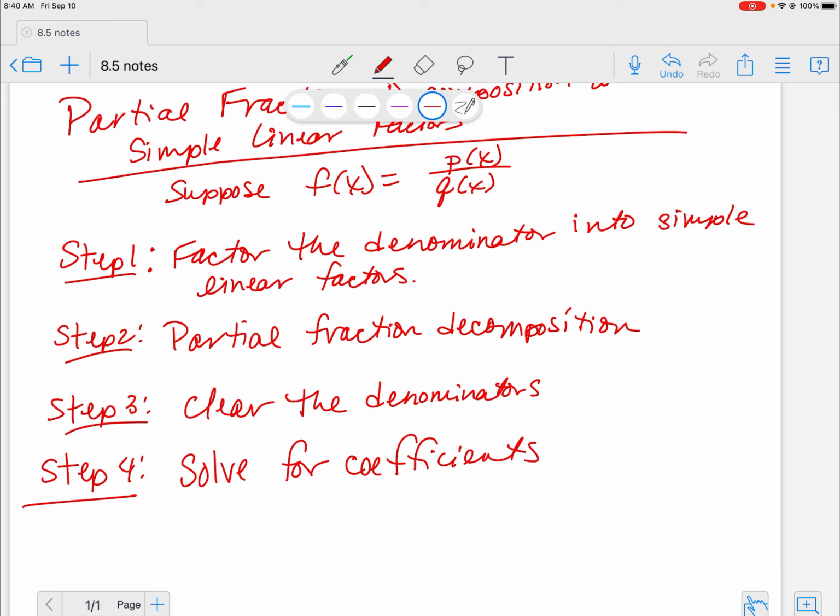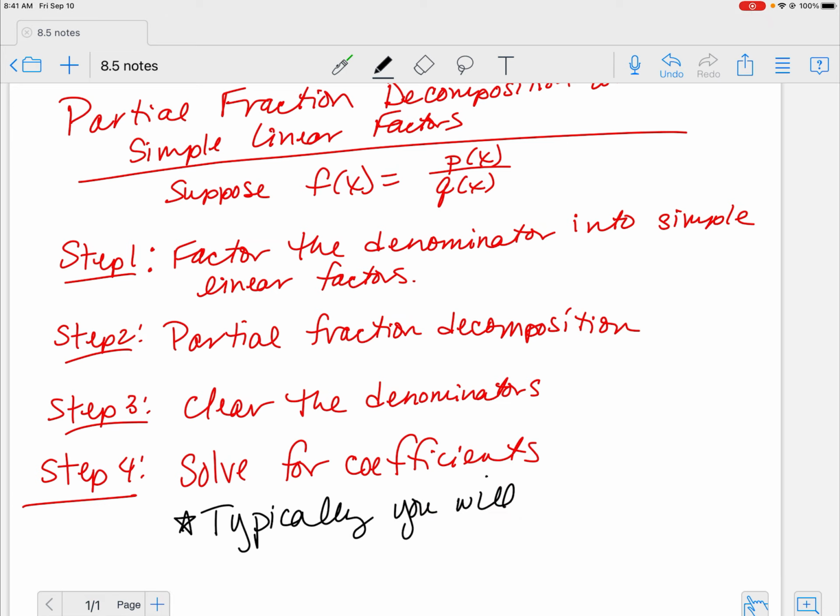And typically, you will use a system of equations. All right.